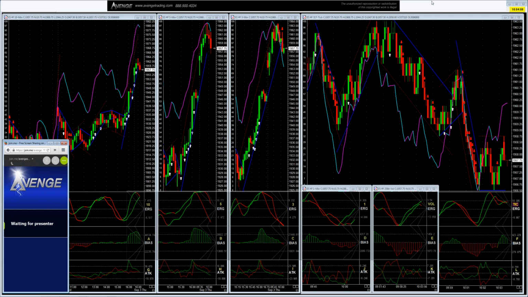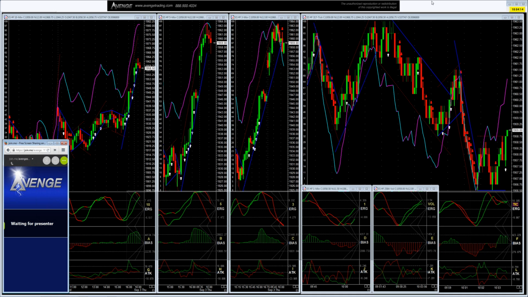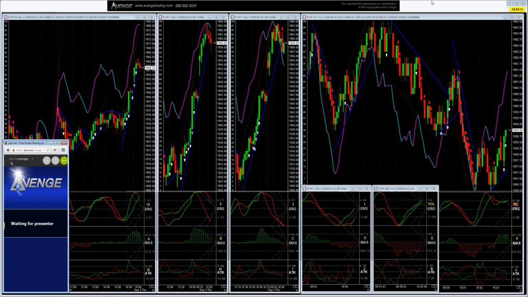Fives are still angled downwards. Our A bias, our B bias are both very nicely angled down. Tapping on the level, if it pushes through the 59.